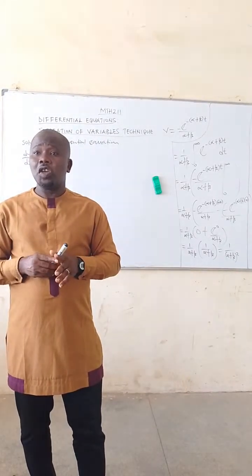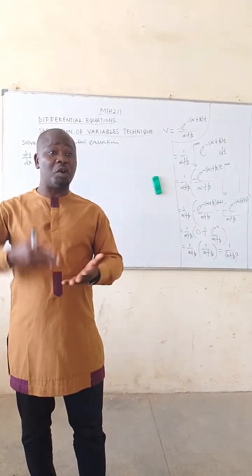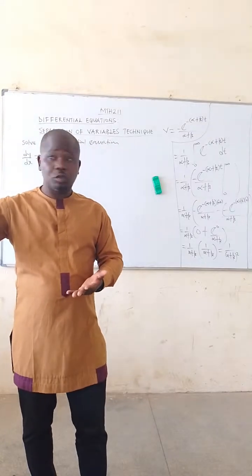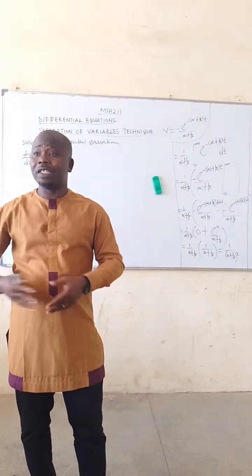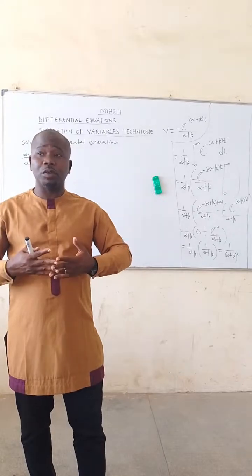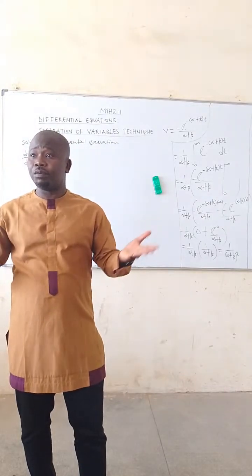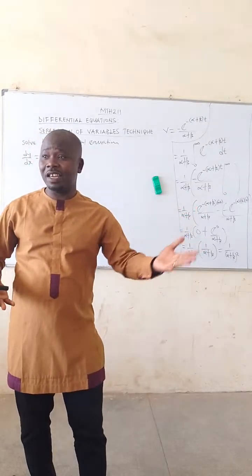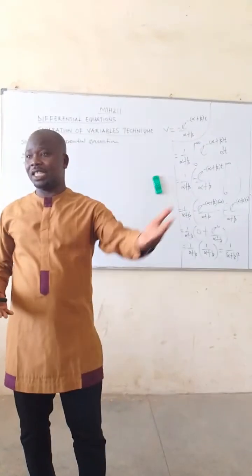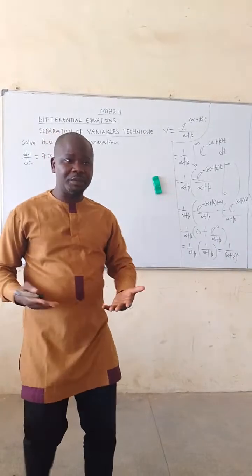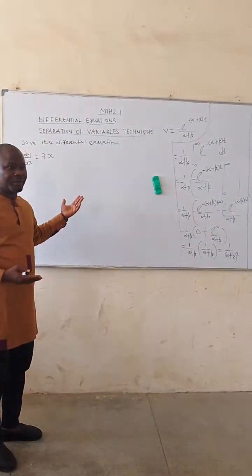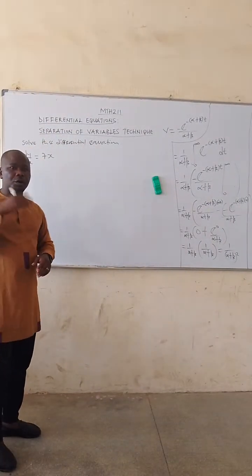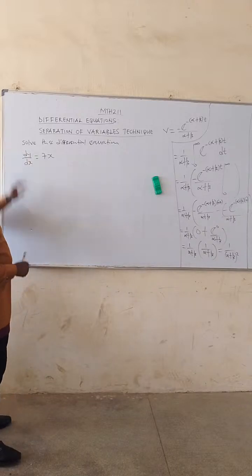It means you can easily separate yourselves according to your classes, true or false? So that approach is separation of variables, because you are trying to separate A, B and C. The same thing is applicable here. Is that clear?